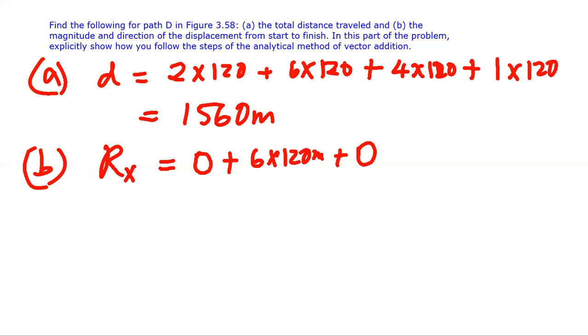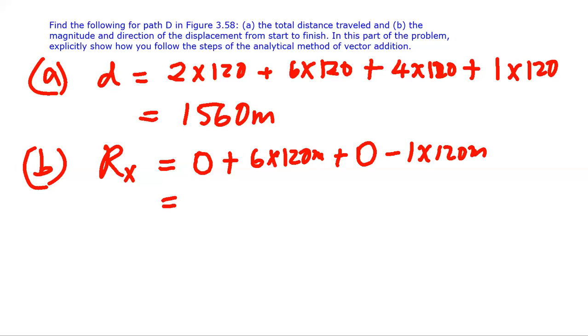That means the X component is 0. And then from there you go 1 block in the X direction. Positive or negative? Negative. So you put minus 1 times 120.